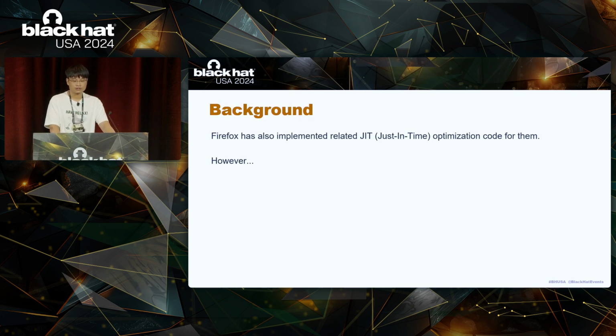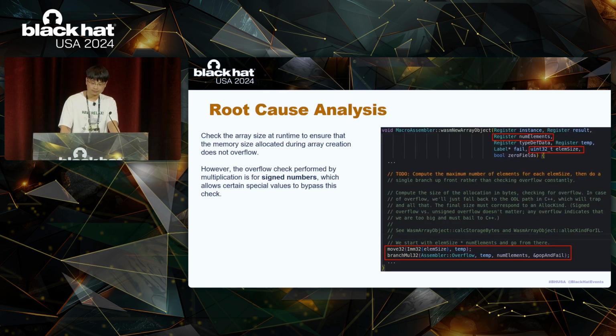With the introduction of WebAssembly Garbage Collection objects, Firefox has also implemented the related just-in-time optimization code for them. However, an integer overflow issue in this optimization code leads to controllable array out-of-bounds reads and writes.